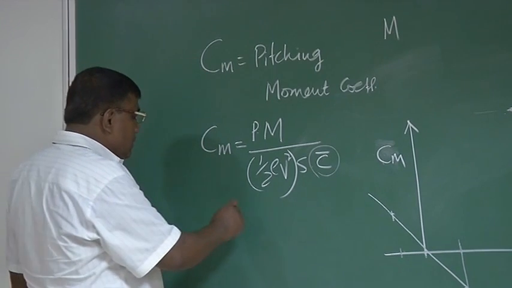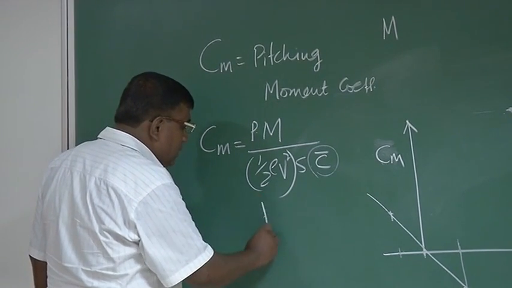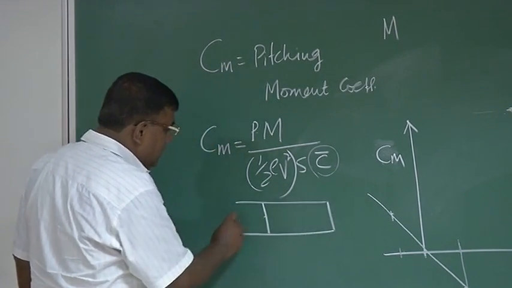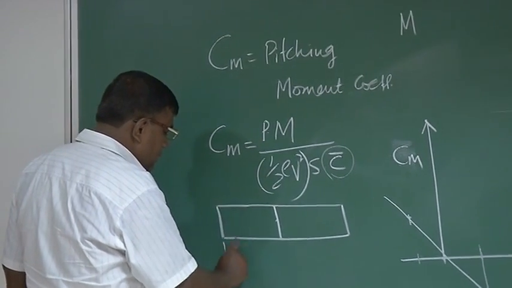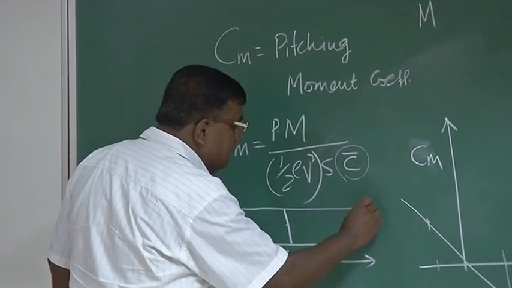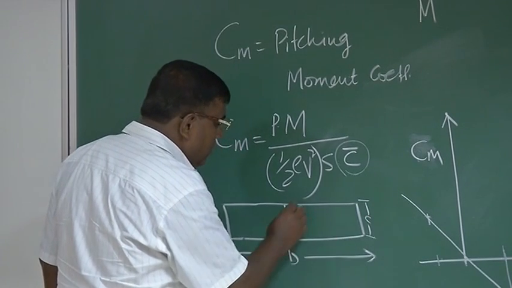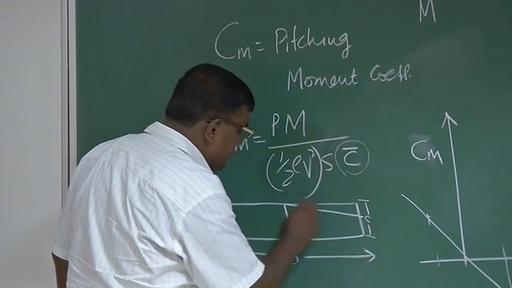But at this stage, to give you some feel, say this is the rectangular wing, this is the span you know by now, and this is the chord. Now you will find there are wings like this.